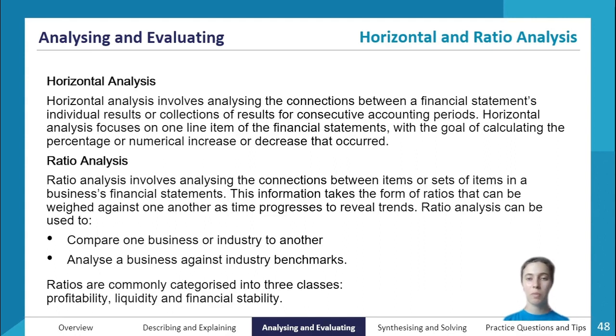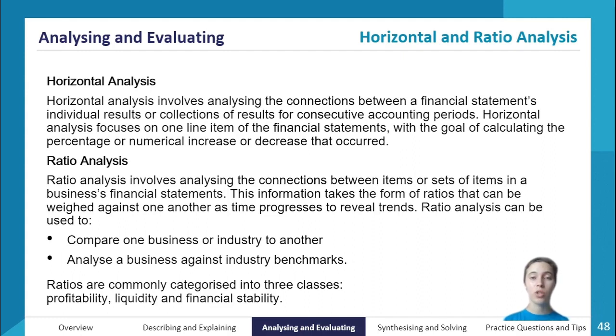So if you think of this idea of horizontal, you're looking across the years. That idea we spoke about earlier, how a year's results are consolidated into one column. You're thinking about that in this case, and it's horizontal because we're comparing the different columns across the different years. So horizontal analysis is focusing on one line item of the financial statements.